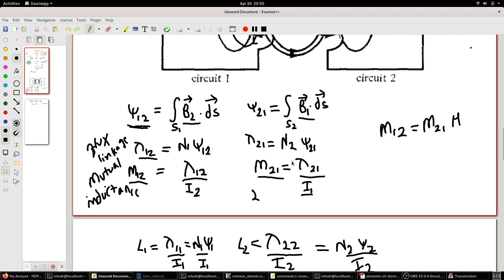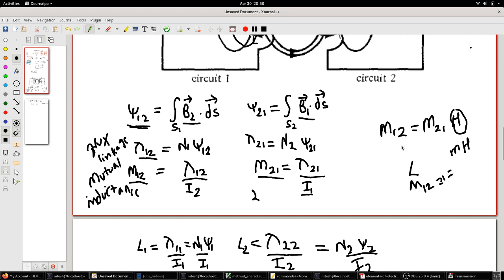Okay, so this M12 is equal to M21 and it is measured in Henrys or millihenry, same as your L. M12 or M21 is a mutual inductance, which is measured in millihenries too.